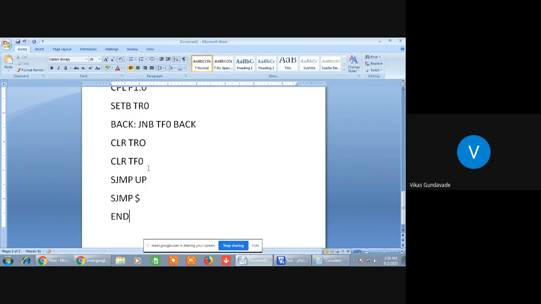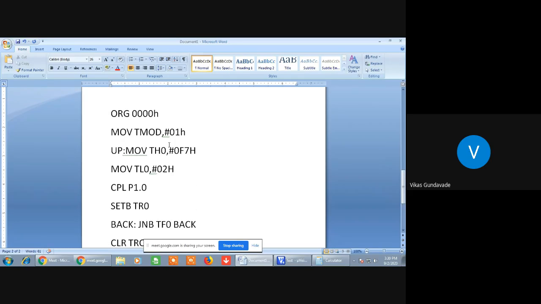So everyone got it? What we have done here? First, we have set timer 0 in mode 1 by transferring the content 01 into the TMOD register. Then TH0 and TL0 are the count registers available in the timers, which we have loaded with F7 and 02.